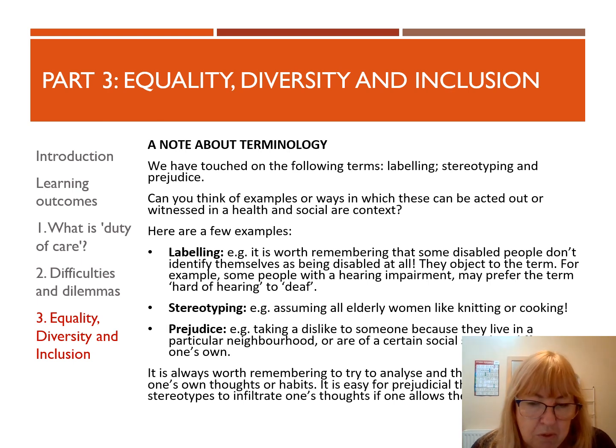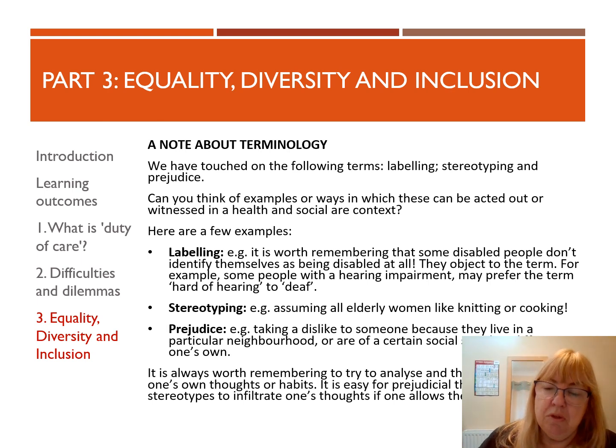They don't often like the word deaf. But then there are members of a deaf community who are actually quite happy to use the word deaf and don't like the euphemisms. So what you need to do as part of your duty of care is to get to know the people that you're working with and find out how they feel about the labels that can be used, or maybe try to avoid using those labels in general anyway.